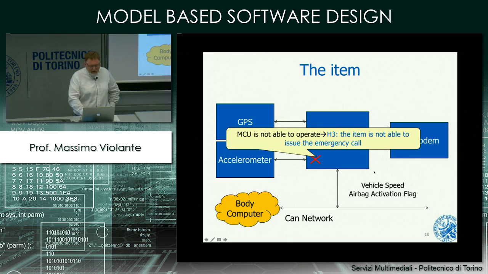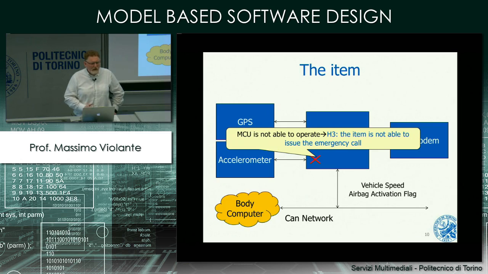Another element that could get broken is the microcontroller. So what if the microcontroller is not able to run software? Well, the item is not able to issue the emergency call. If we want to be more exhaustive, we could also say that the microcontroller, due to a fault, is subject to another hazard.